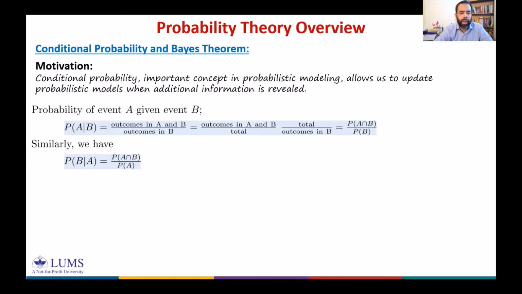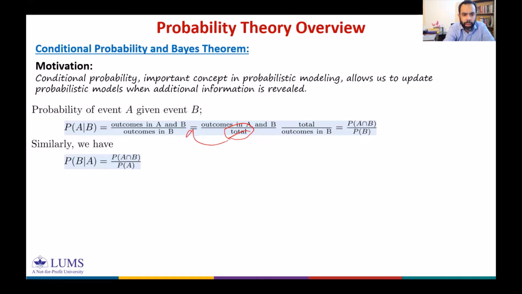Mathematically, it simply means outcomes in A and B divided by outcomes in B. Previously, our set was the sample space, but now we know that event B has occurred, and therefore the probability of A given B would be the outcomes which are common in A and B divided by outcomes in B. This can be equivalently represented as outcomes in A and B divided by the total sample space, and I can write outcomes in B as total divided by outcomes in B. So this total would be cancelled with this total.